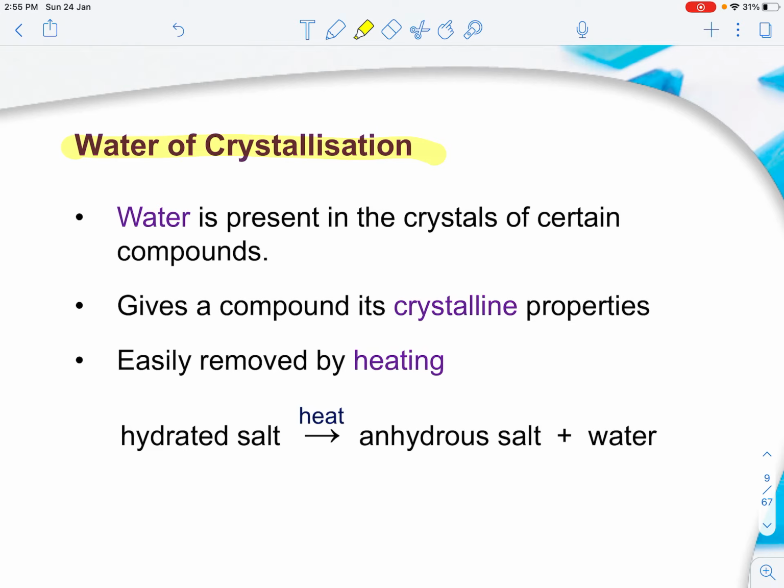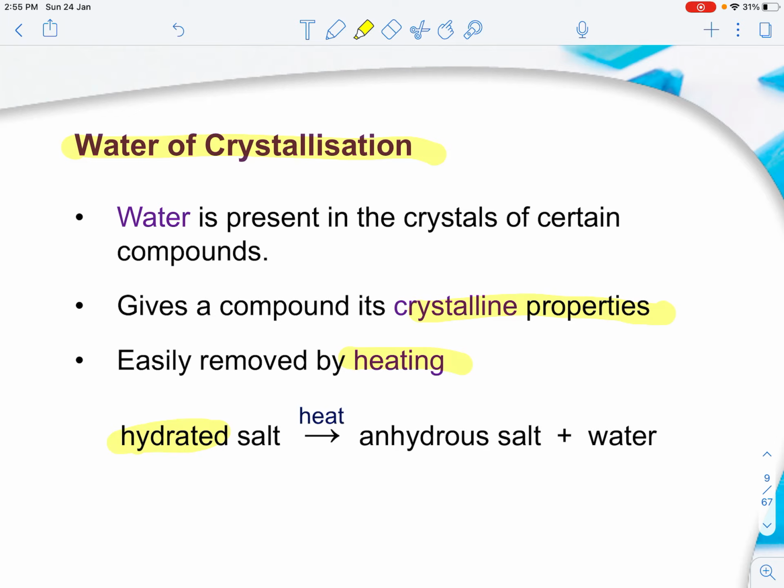And for those students who tried to overheat it, you realize that the copper 2 sulfate actually became more white colored, because most of the water of crystallization has been lost, leading to the decomposition of the crystal. So the water present in the crystals gives it its crystalline properties and can be easily removed by heating.